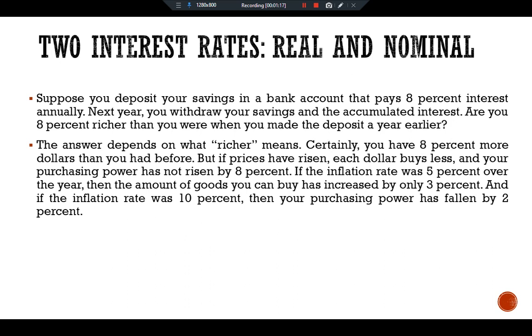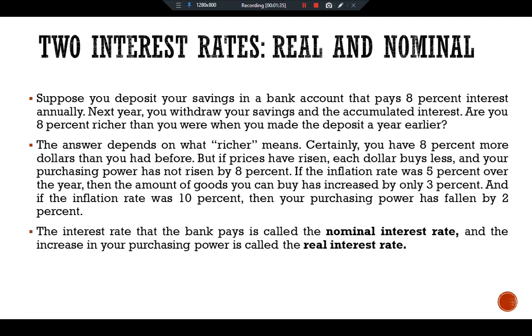If the inflation rate was 5% over the year, then the amount of goods you can buy has increased by only 3%. And if the inflation rate was 10%, then your purchasing power has fallen by 2%. The interest rate that the bank pays is called the nominal interest rate, and the increase in your purchasing power is called the real interest rate.